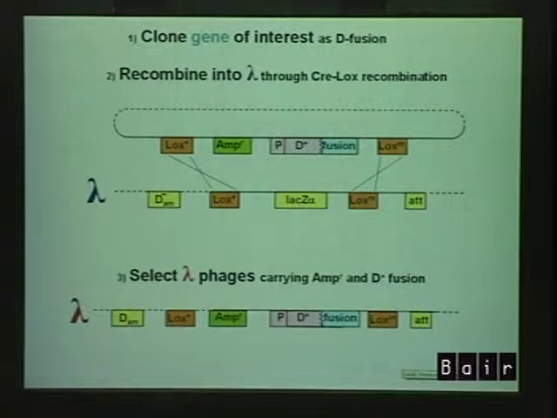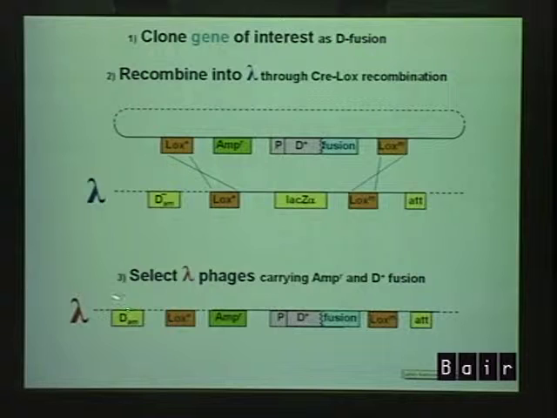Second step, how do we get it into lambda? We start out with standard cloning, where you clone your protein of interest to the D protein in a plasmid, and it is then recombined into wild-type lambda carrying either chloramphenicol or kanamycin resistance using Cre recombinase. We're using a host cell that has P1 Cre recombinase in its chromosome, and we're using lox sites, mutant and wild type, between the plasmid and the lambda genome.